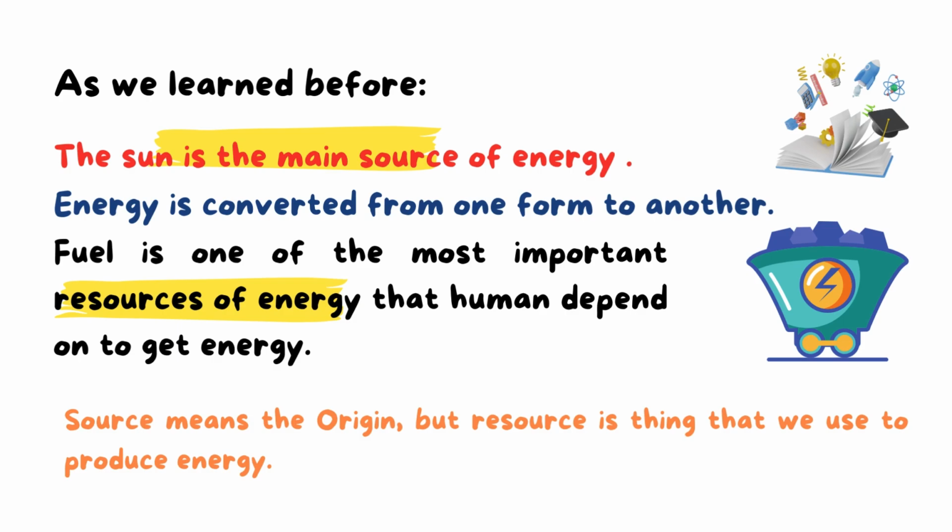And we studied some examples of fuels, such as coal, as we used coal in the electric power station to generate electricity, which is very important for us to operate most of the devices. So here we will talk about fuels, okay? Fuel is one of the most important resources of energy that humans depend on to get energy, okay?